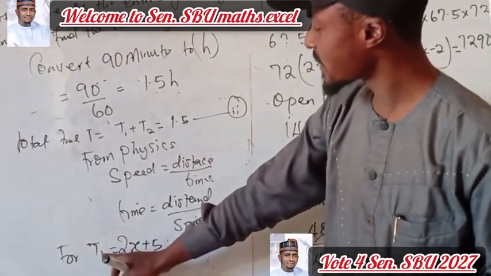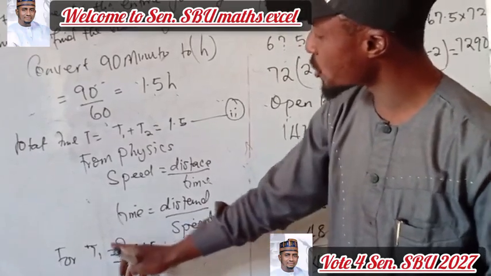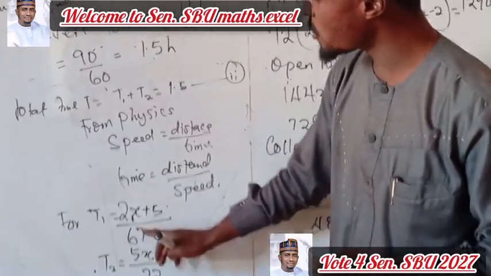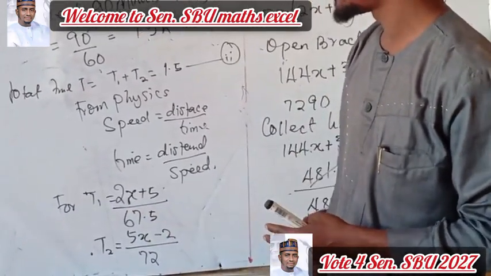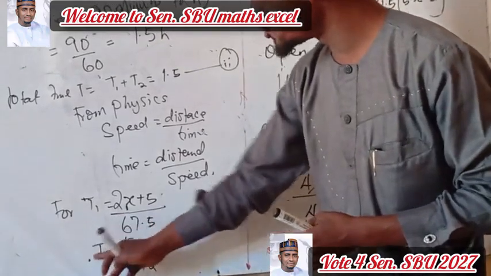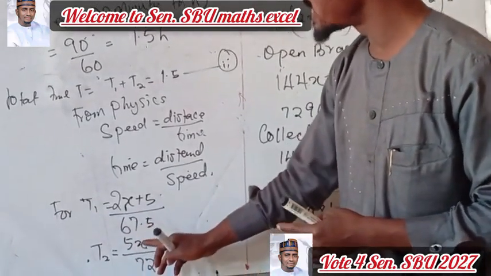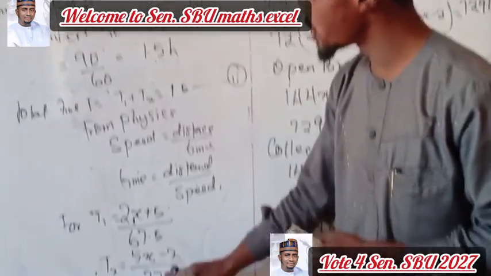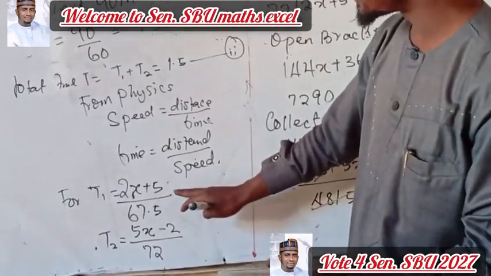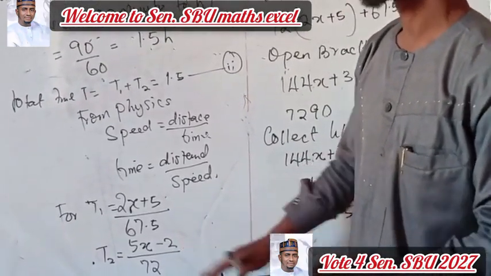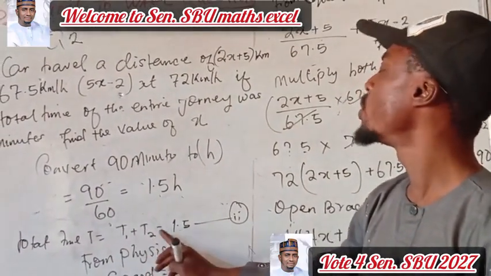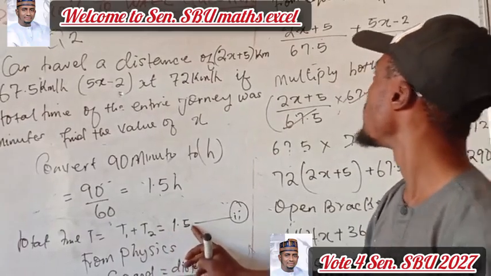Therefore, time 1 will be distance 1, which is 2x plus 5, divided by speed 1, which is 67.5 km per hour. Then time 2 will be distance 2, which is 5x minus 2, all over speed 2, which is 72 km per hour. This is how we get time 1 and time 2. In reference to equation 1, we sum time 1 and time 2, which equals 1.5.